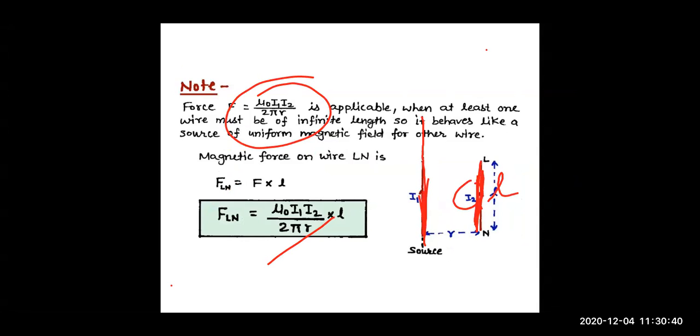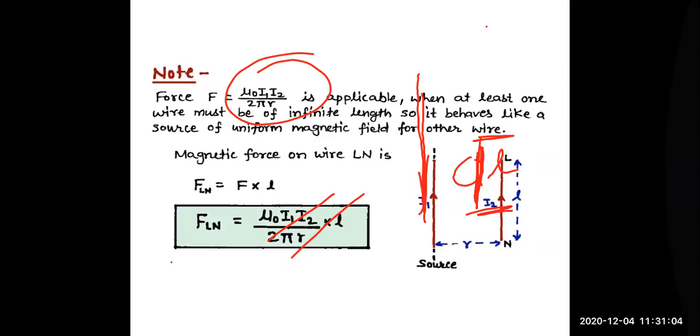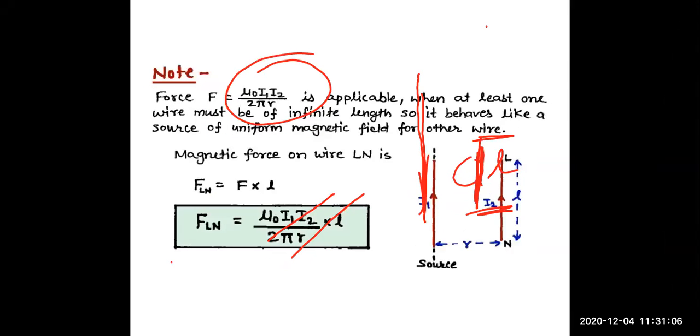So the first wire will behave as an infinite length wire, formed from small pieces of wire. So the total magnetic force can be given as mu 0 I1 I2 upon 2 pi r into the length of the wire, that is L. Okay, so this is it, children.